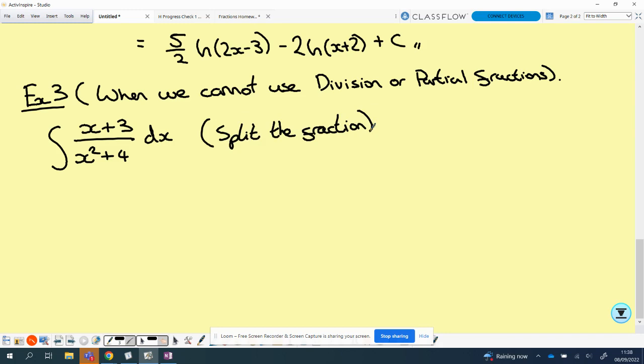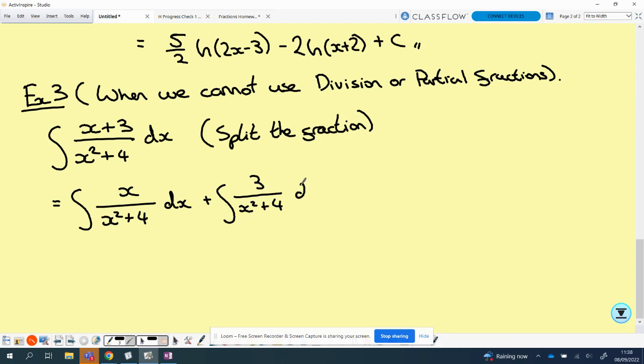That means I'm going to divide the x by x squared plus 4 plus I'm going to divide the 3 by x squared plus 4. I'm just splitting up everything on the numerator by the denominator. And because we've now done that, we can now integrate each term.